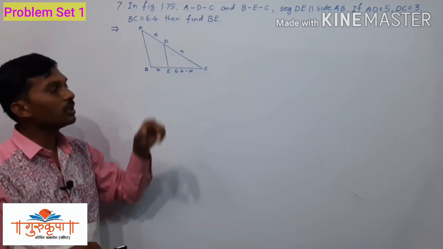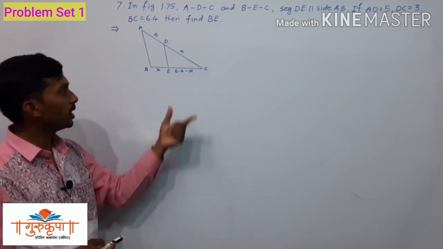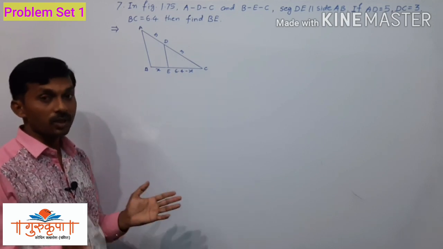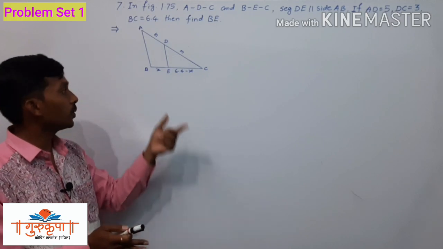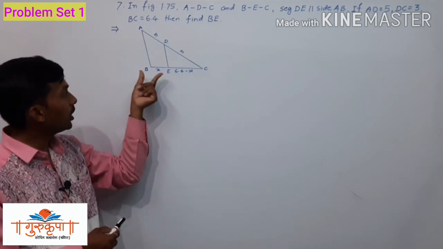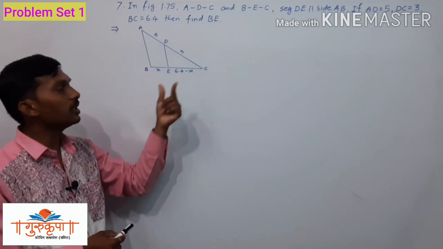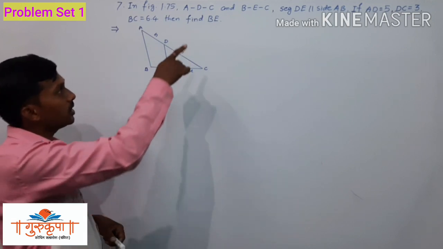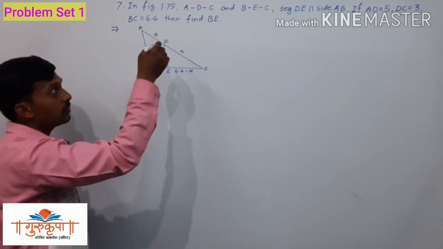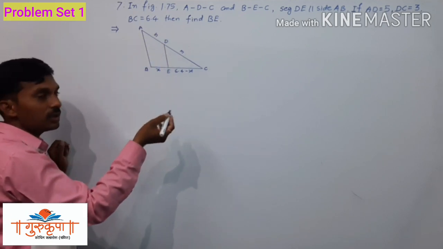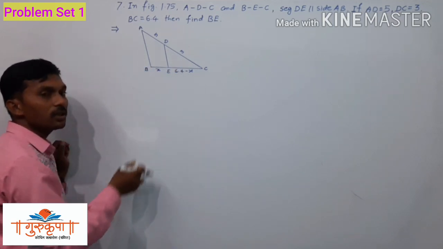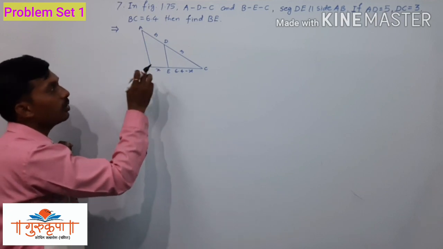E is in between B and C. So we can get EC as 6.4 minus X. Since we have to use the basic proportionality theorem to find this segment BE, we have to get BE and EC in the form of X. We consider BE as X. So first we will write the information which we have available here, and then using the basic proportionality theorem we will find the length of segment BE, that is the value of X.